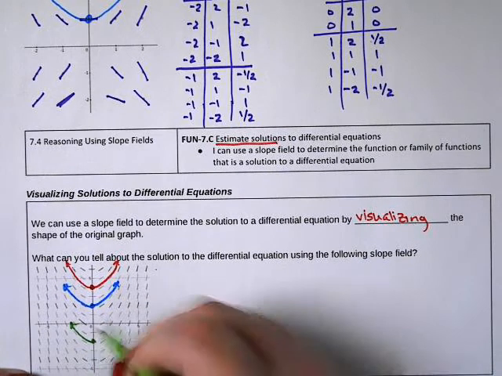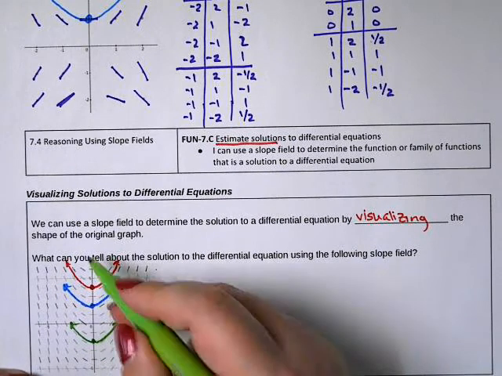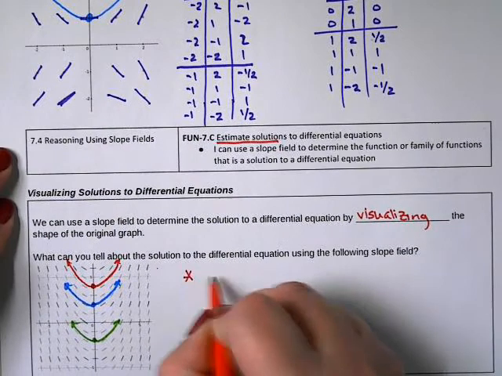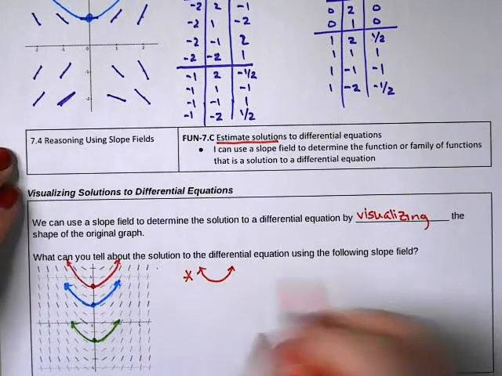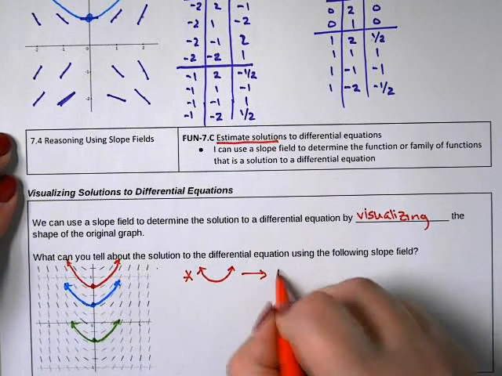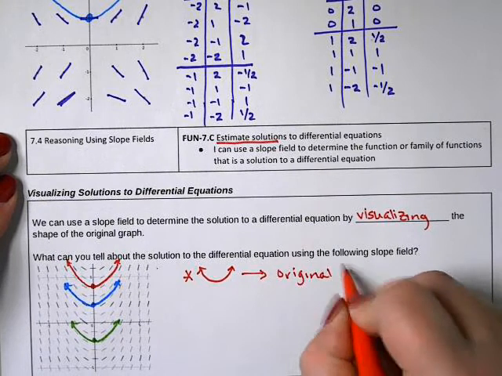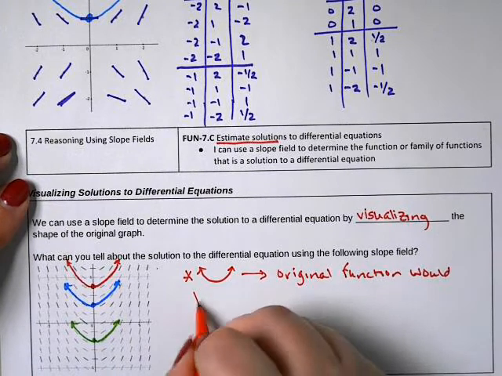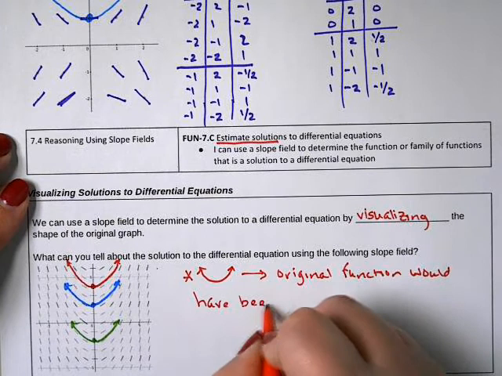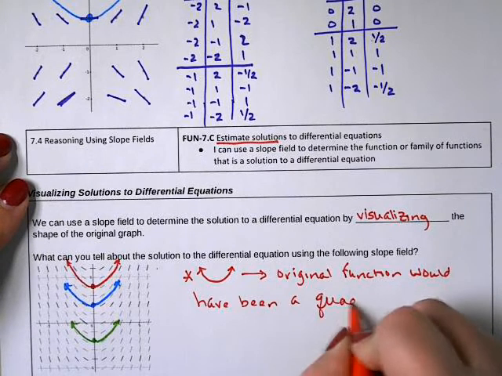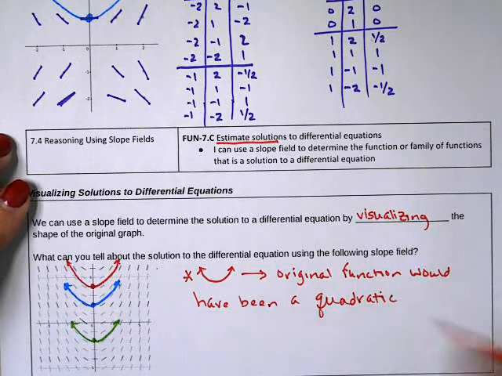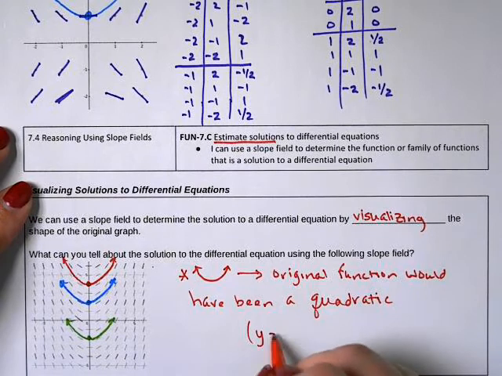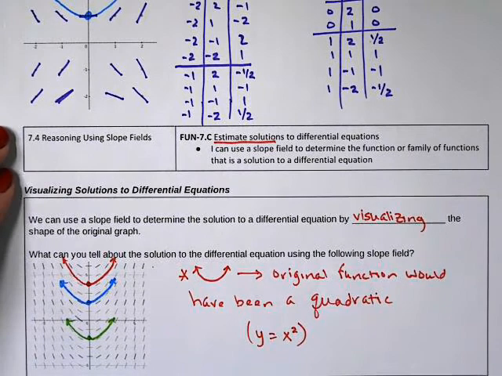But regardless of where I choose to start, all three of those look like a parabola, right? They look like this U-shaped graph. So what that tells me is that the original function would have been a quadratic. So if they had given me a list of options here, I know that I'm going to be looking for something that's got x squared, because that's going to tell me it's a quadratic function.